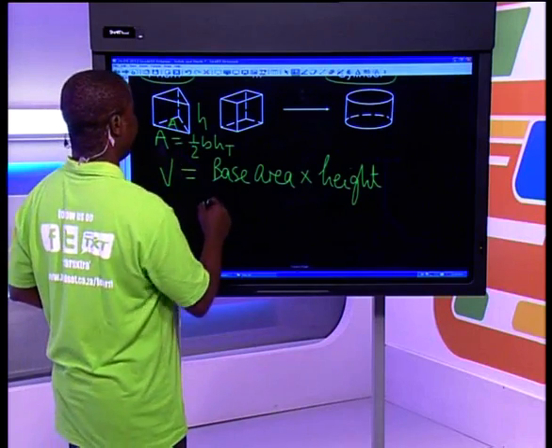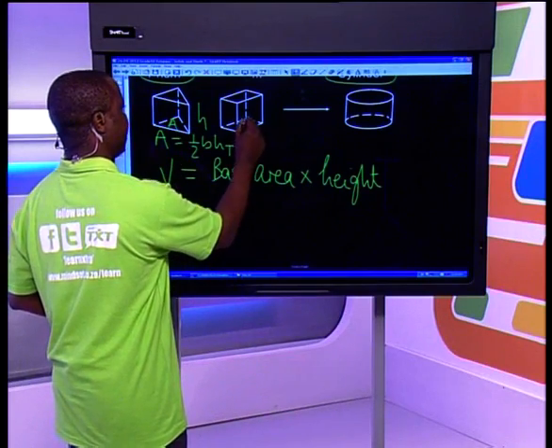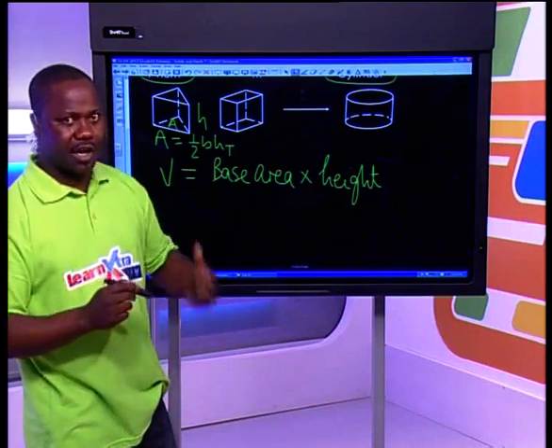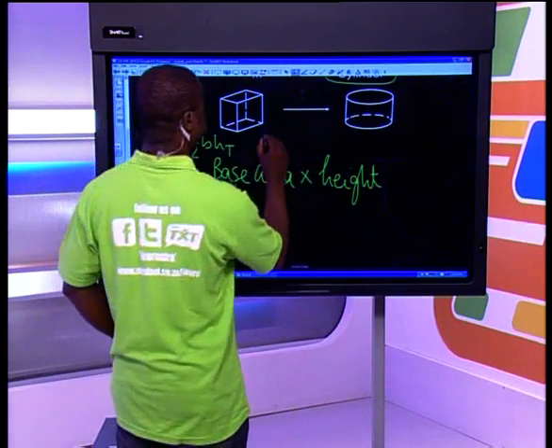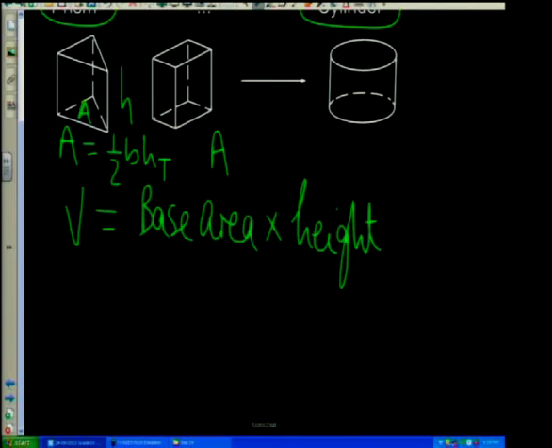If you had a square or rectangular base, then your area, like we said last week, will be the base times the height of that base rectangle. Then you would have to multiply by the height of that prism.